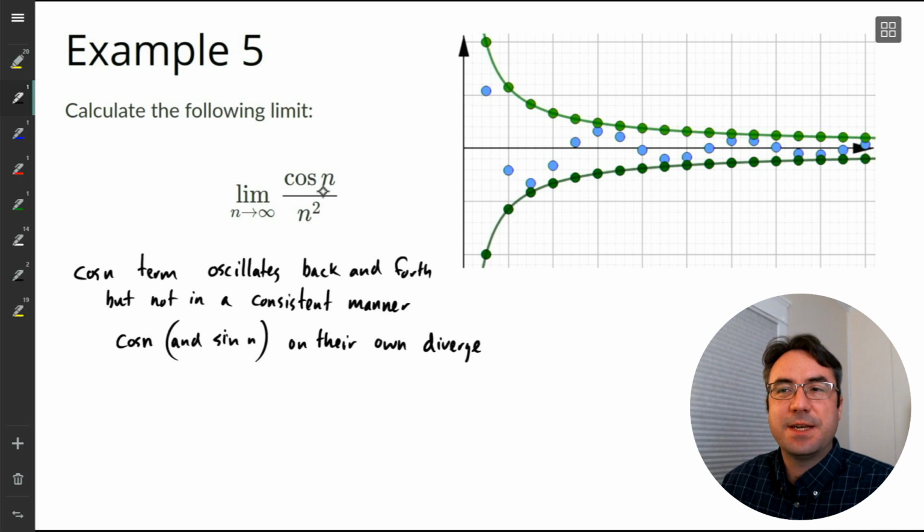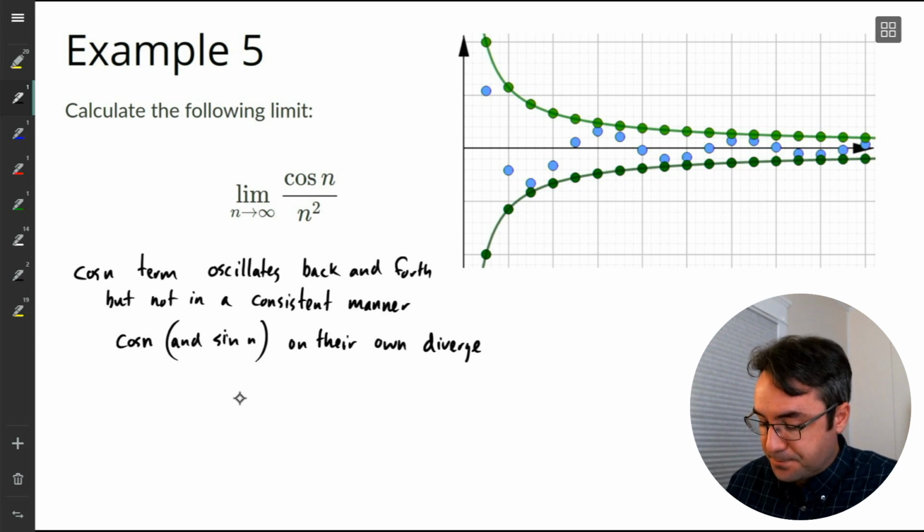This cosine term is tricky because it's oscillating back and forth, not really consistently, and because of that it diverges. It never actually approaches one specific number. So we're going to use the squeeze theorem. If we could just get that cosine term out of there, it would make things helpful.